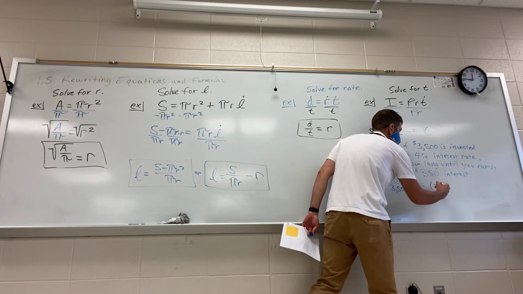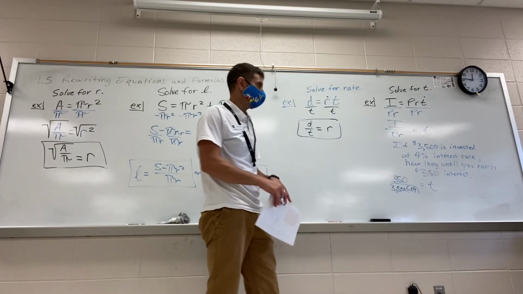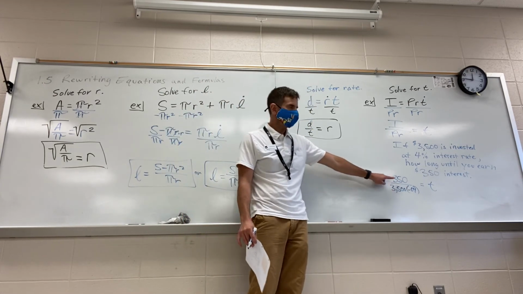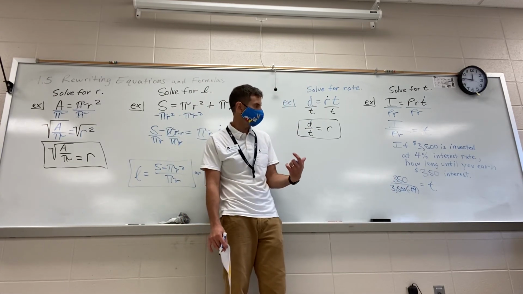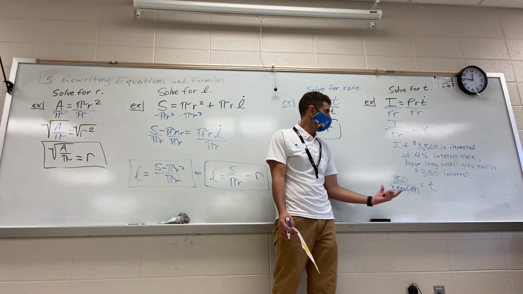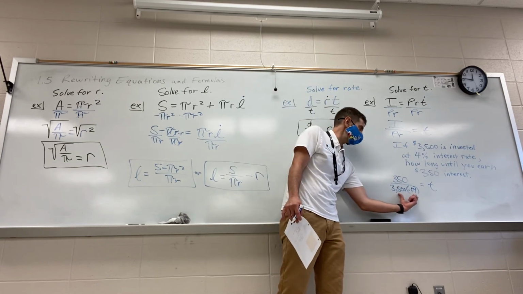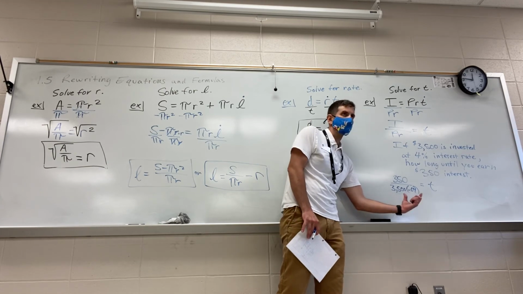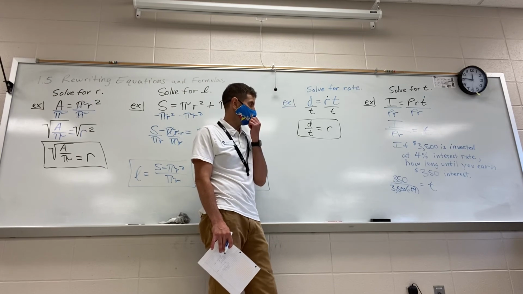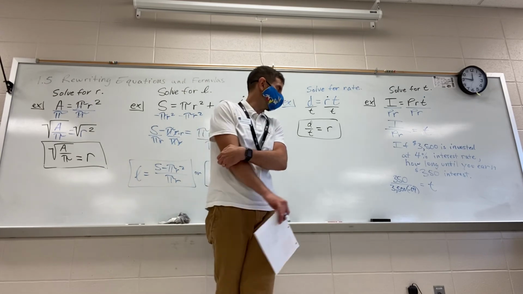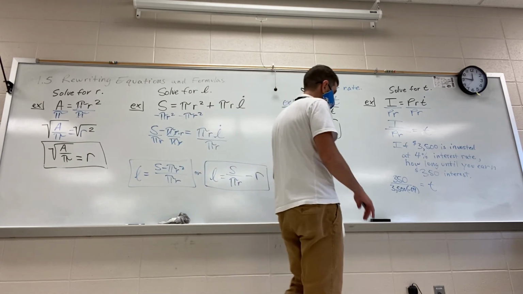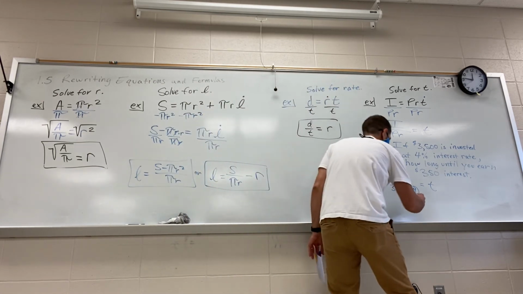So, what I need for you to be careful with is evaluating this. What I would suggest you do is treat this fraction bar as a grouping symbol. Go ahead and simplify 3,500 times 0.04 first and get that number. So help me out. What is 3,500 times 0.04? 140?